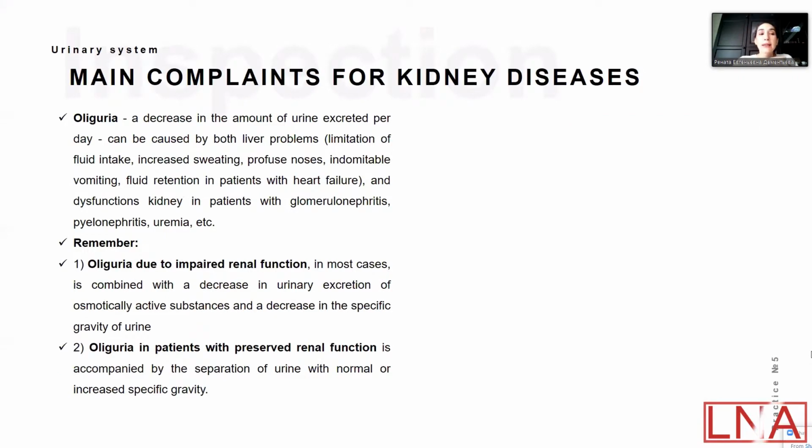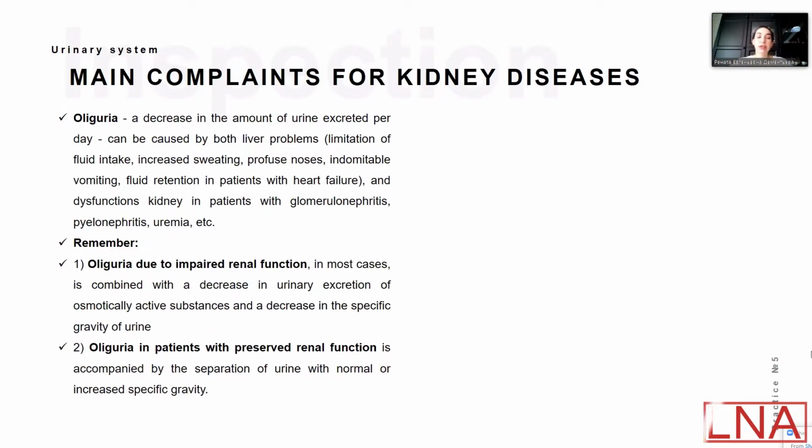The next complaint is oliguria, a decrease in the amount of urine excreted per day, and it can be caused by extrarenal problems: limitation of fluid intake, for example, increased sweating, profuse nose bleeding, incoercible vomiting, all problems which lead to losing the volume of circulating blood. And also by dysfunctional kidney in patients with glomerulonephritis, pyelonephritis, and uremia.